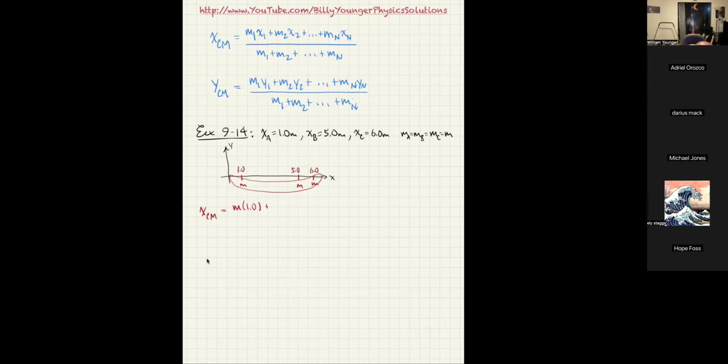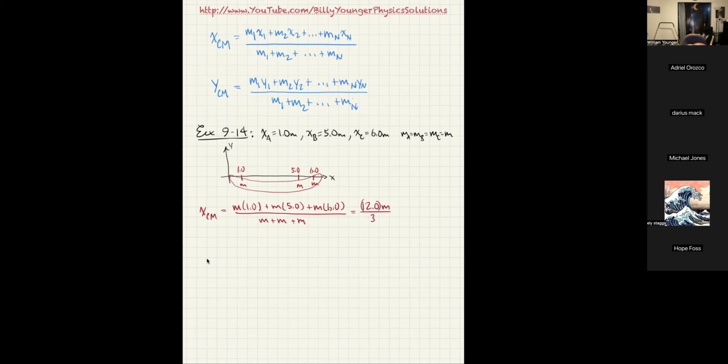So m times 1.0 plus m times 5.0 plus m times 6.0 divided by all the masses, which would be m plus m plus m. So m times 1 plus m times 5 is 6 times m. 6 times m plus 6 times m would be 12 times m.